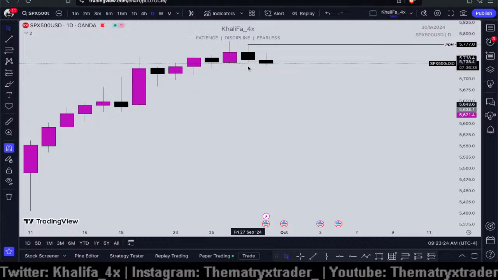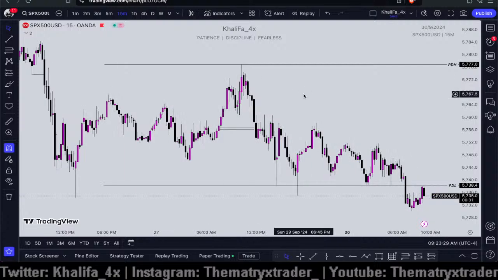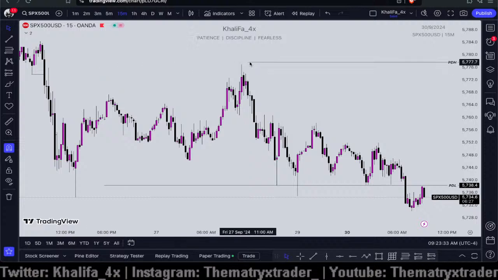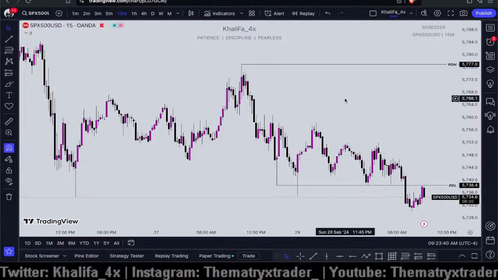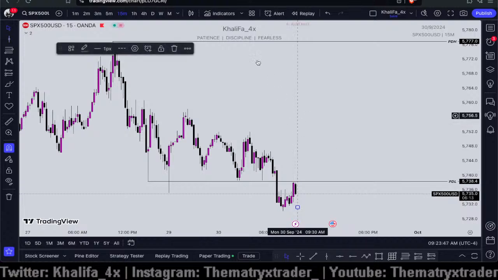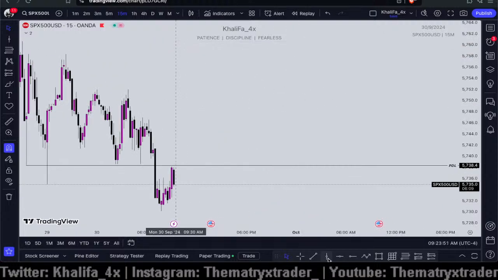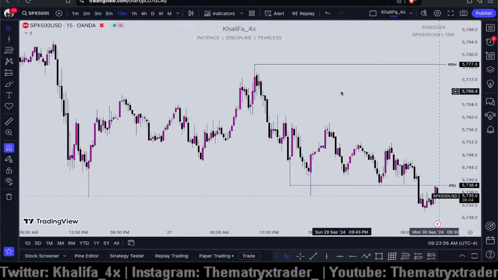This is our zone to trade with. And let's mark out the 9:30 and 12 o'clock. So this is our trade window.